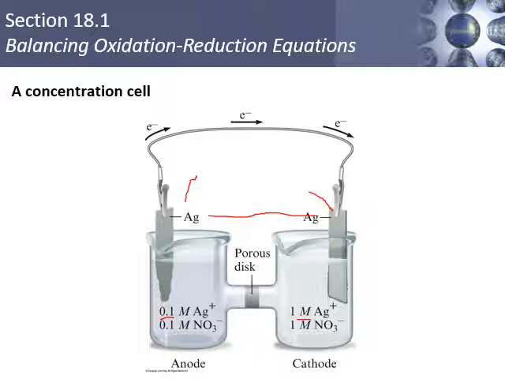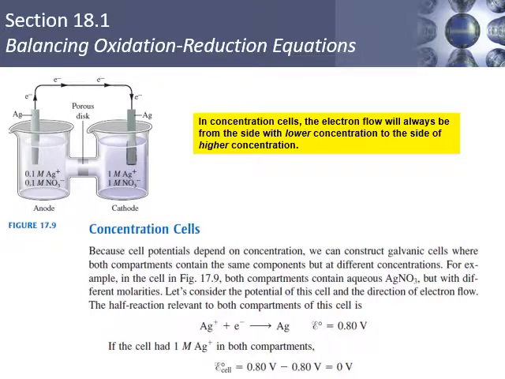So let's go to the next slide. In concentration cells, we write them again most of the time, although one of the work problems we'll have to do the other way, but the electron flow will also be from left to right. You can actually try to figure this out yourself.